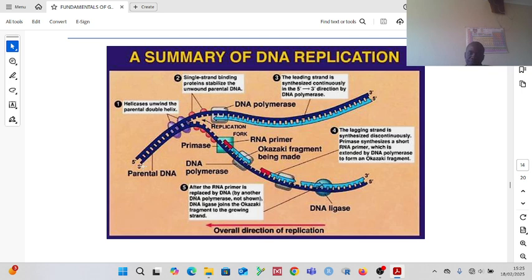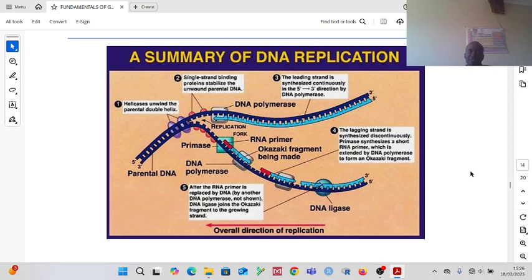Of importance is that the DNA replication we have explained so far is happening inside our bodies. We call that an in vivo process.